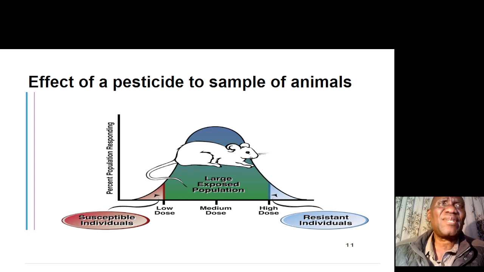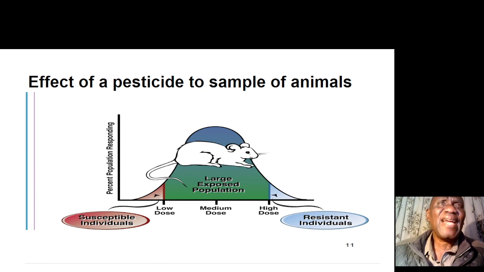But the bulk, or most of the animals, could die when they receive the medium dose. Probably these are the dosages which we eventually recommend for pest control.